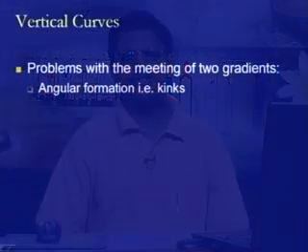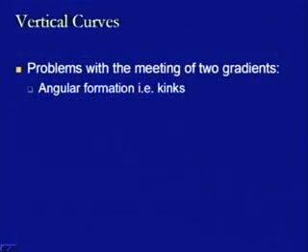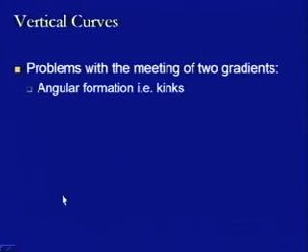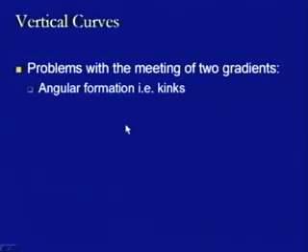The very first problem is that wherever two gradients meet each other, a kink will get formed. Here we are talking everything in terms of the vertical profile, so instead of a horizontal direction like this, we are talking about a vertical direction in this form. We have a rising gradient or a falling gradient, and wherever these two meet there will be a kink.